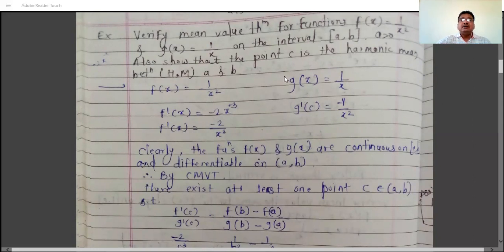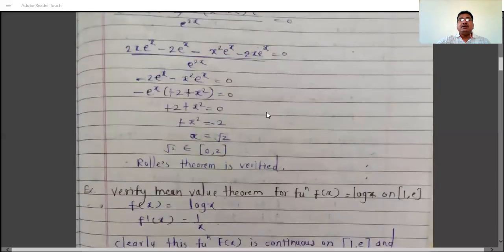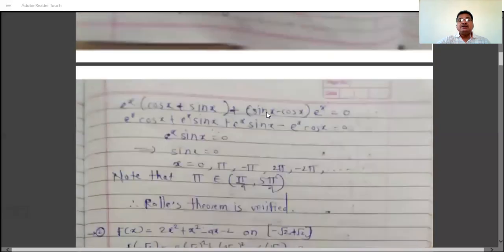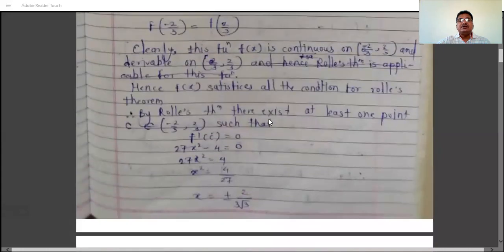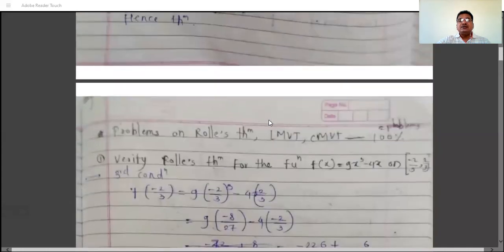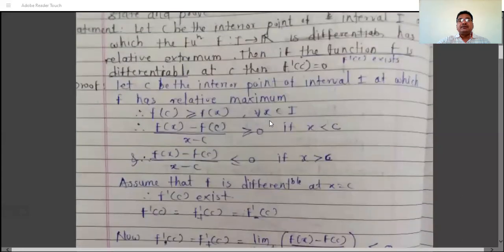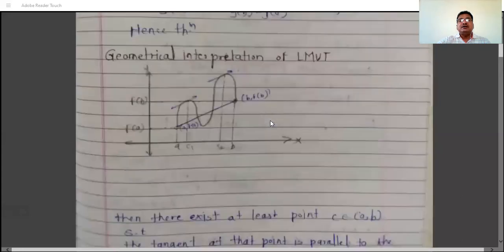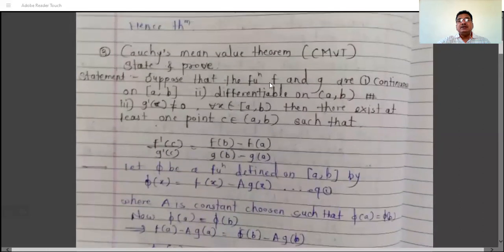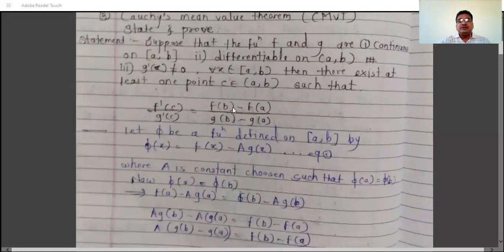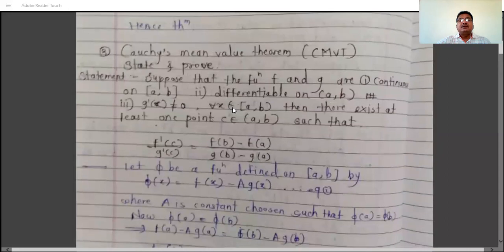In Lagrange's mean value theorem there are two conditions: the functions are continuous on the closed interval and differentiable on the open interval. In Cauchy's mean value theorem, the functions f and g are continuous on the closed interval [a, b] and differentiable on the open interval, and the third condition is that g'(x) is not equal to 0. So in Cauchy's mean value theorem there are three conditions.